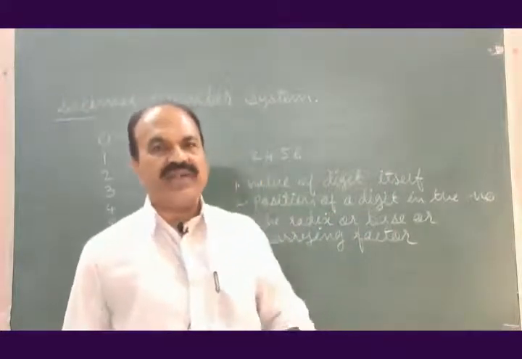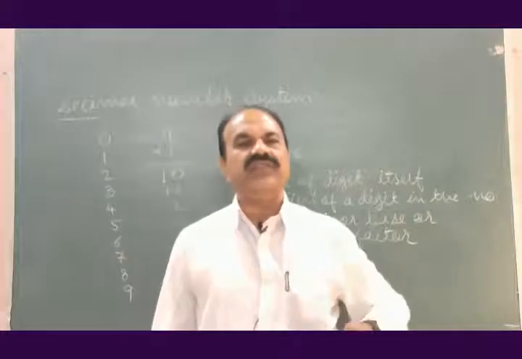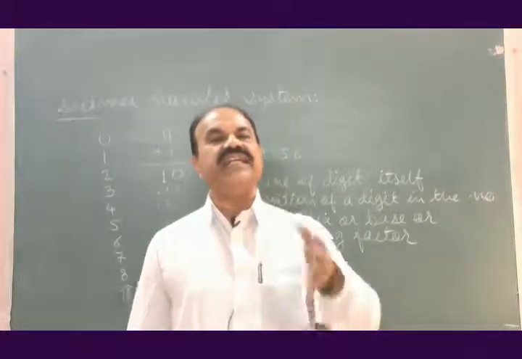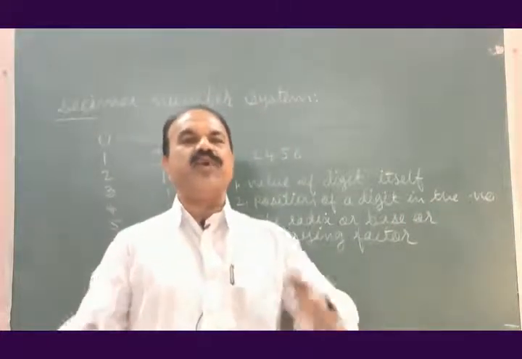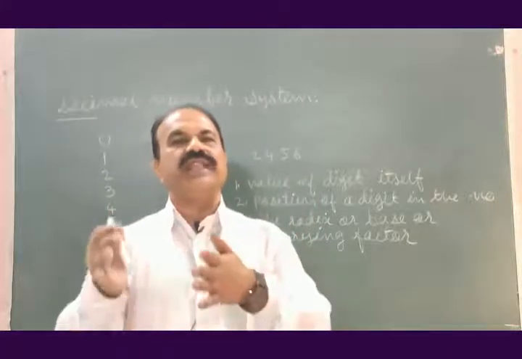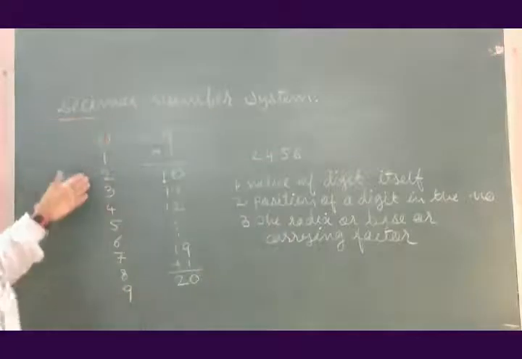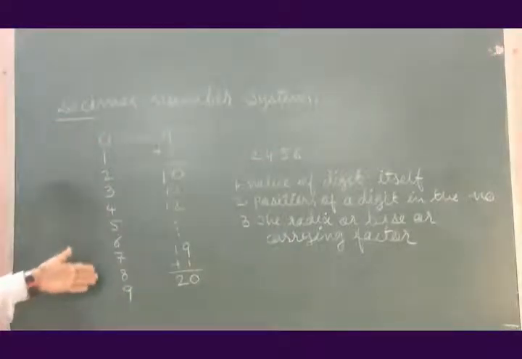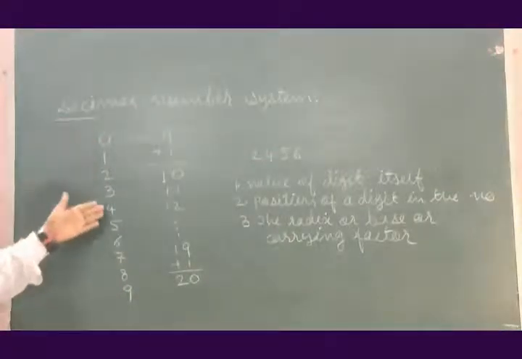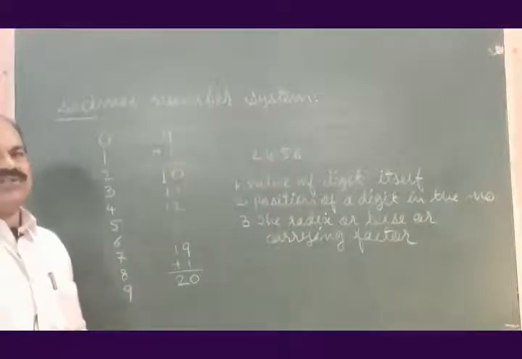The radix or base or carrying factor of a number system is defined as the number of symbols of that number system. How many symbols are there in the decimal number system? The decimal number system has 10 symbols.